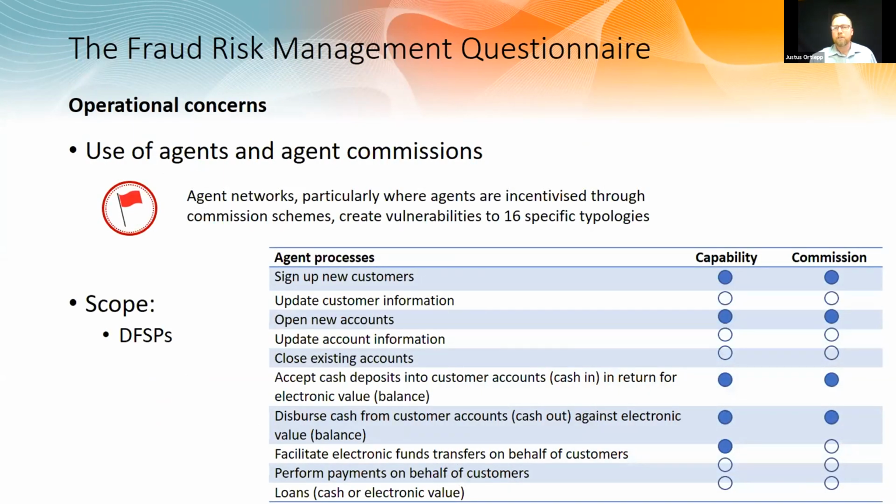And we also looked at where agents are used and how agents are used within an ecosystem. If a DFSP has an agent network that signs up new customers and those agents are rewarded through commissions for those signups, that poses a fraud risk to the DFSP and the ecosystem at large.